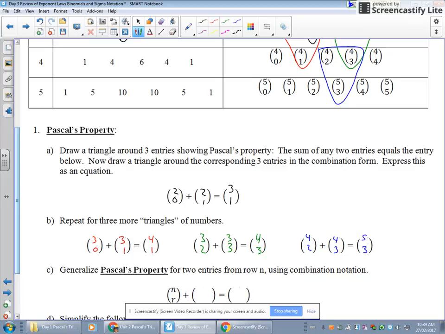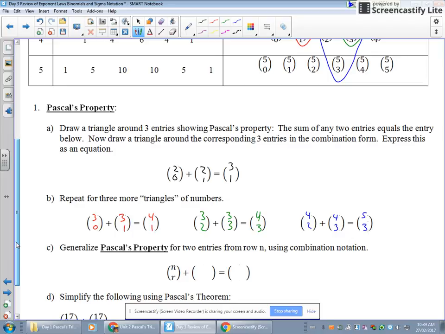So can we now generalize Pascal's property for 2 entries from row n using combination notation? So our general situation is that the number on top stays the same. So n choose r is going to be the same as n choose, the number on the bottom increased by 1. So if it was r on the first case, the second term is going to be r plus 1.